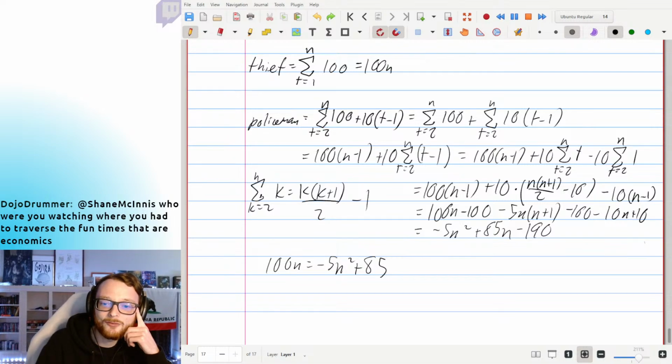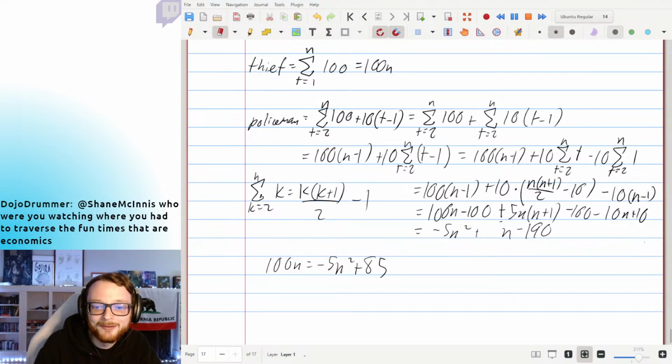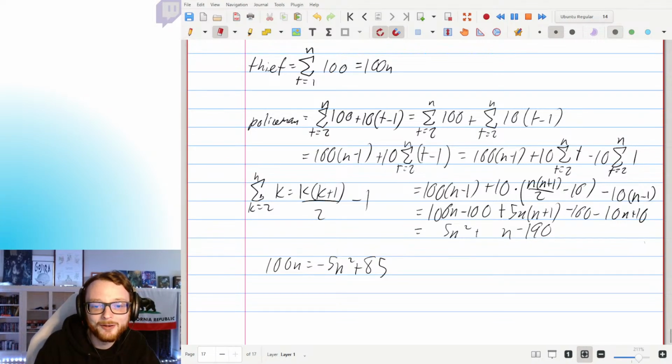It's a huge help if I don't randomly turn this plus into a minus, though, right? That's a terrible mistake to make. Wow. So that becomes plus 5n squared. And then I have to fix the n's. So plus 100n plus 5n is a 105n minus 10n is 95n.